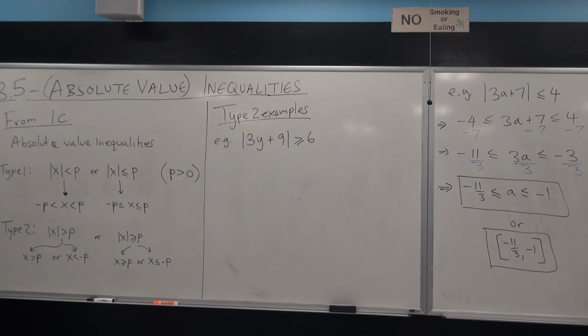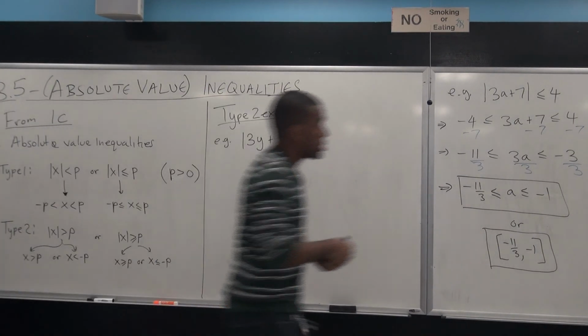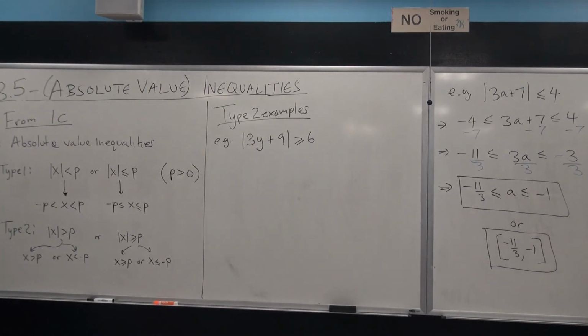I added 8 to both sides, +8, +8. So I get it in this form, which tells me I can split it. So you did that just to cancel out -8? Yeah.